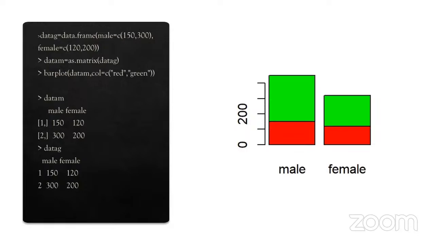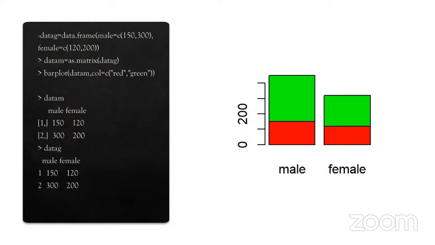So here you can get the data. One category, 150 and 300, another one, 120 and 200. So two categories of data you can share. Sir, here it is not side by side.